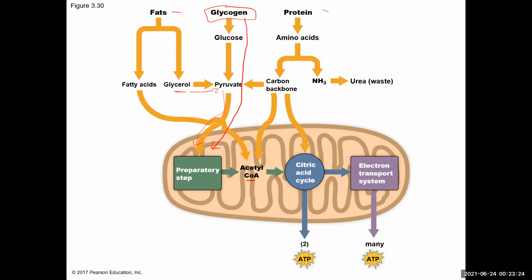And then proteins can be broken down into amino acids, which could enter in 3 or 4 different steps into the cellular respiration. So again, whatever step you go in is dependent on what you're breaking down. But for purposes of knowing cellular respiration, we're following that glucose pathway. So glycolysis, the prep step, the citric acid cycle to the ETS.